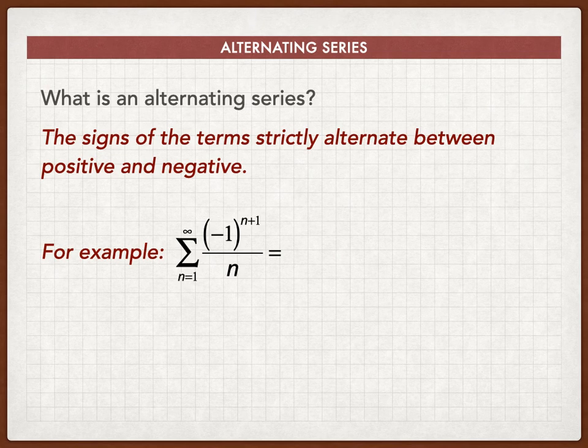We get 1 over 1. (-1) to the 2 plus 1 power is -1. So now we have -1 over 2. (-1) to the 3 plus 1 power, back to +1 over 3, and so forth. Okay, the signs alternate.